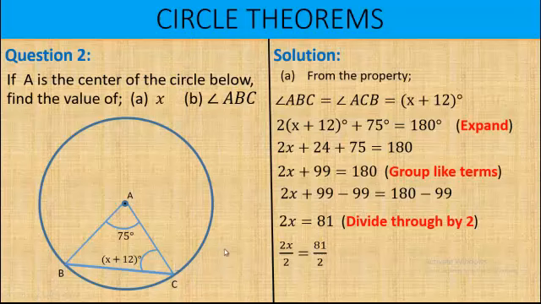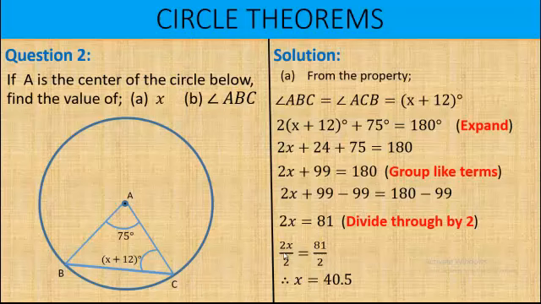So we divide through by 2, as you see on your screen. 2 would go into 2, 1, so it will be left with s. 81 divided by 2, then we get s equals 40.5. And that is what the question is demanding for.